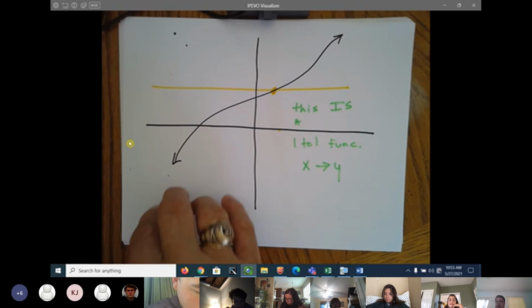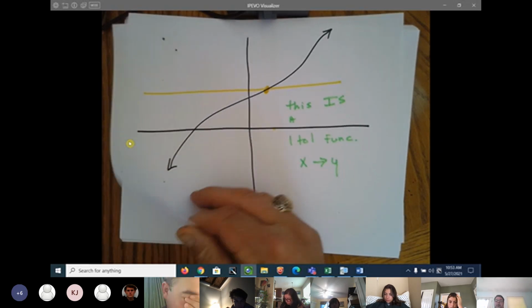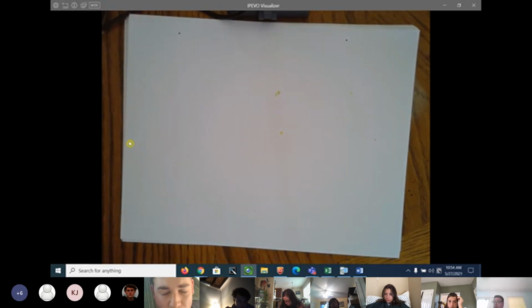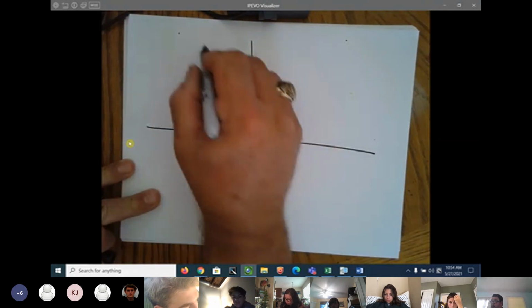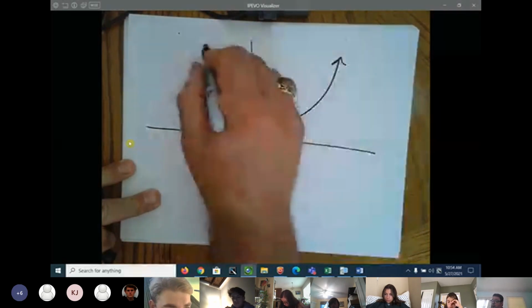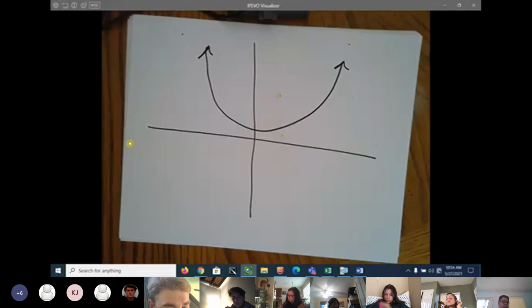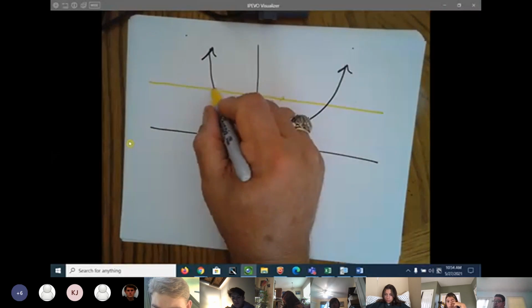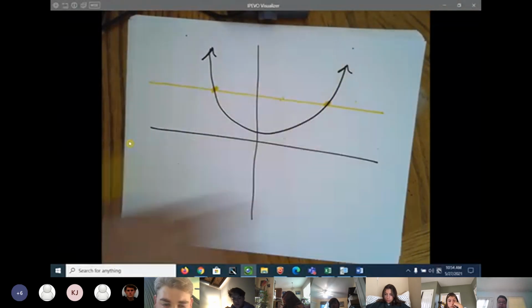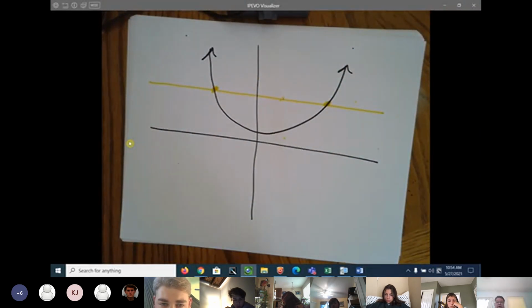Versus this one. Is this a one-to-one? No. This is not a one-to-one. For every x, you have two y's. Or for every y, you have two x's.